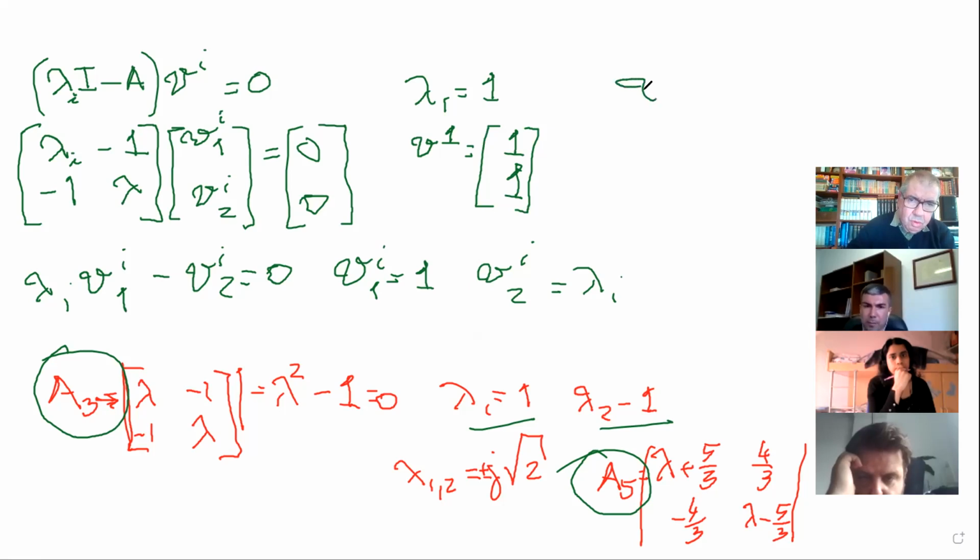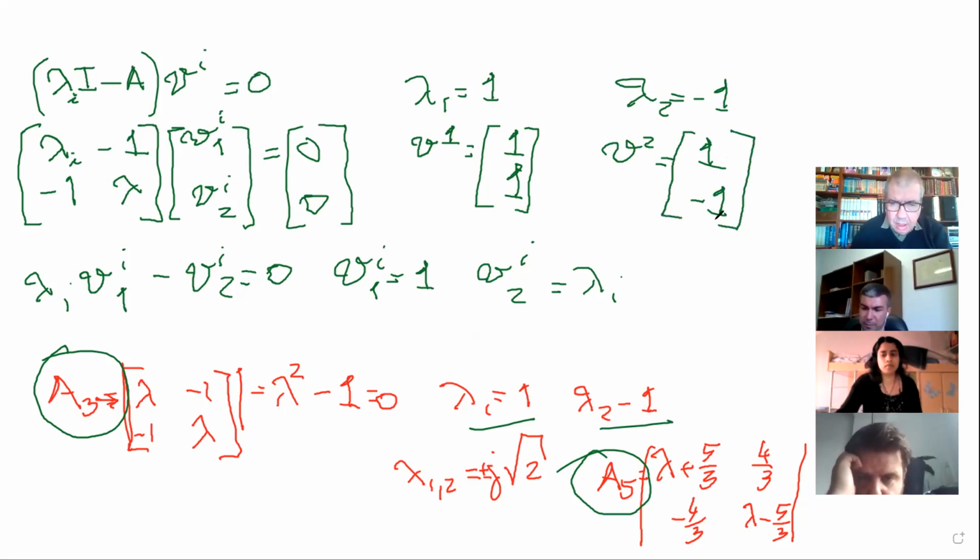If lambda 2 is minus 1, then v2 is, again, I select the first to be 1, and the other one will be lambda I, which is minus 1. Okay? Now compute the other one. Compute the one for A5, which is here. Well, you have it.